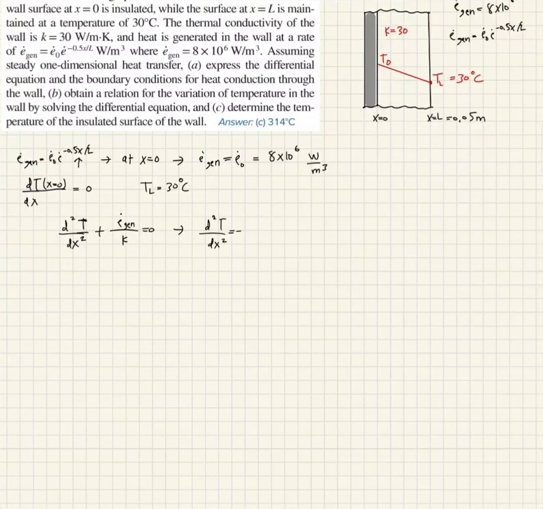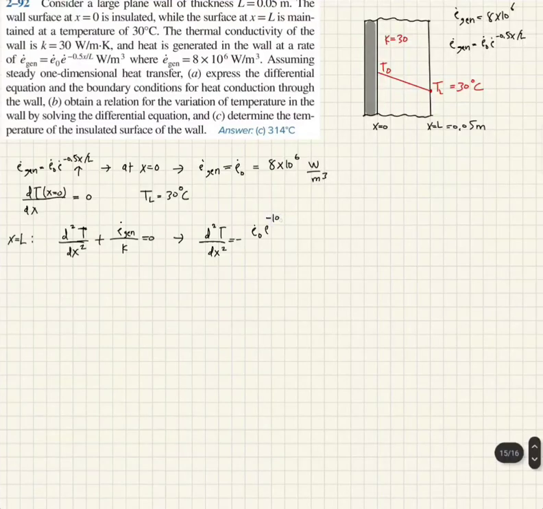So d squared T over dx squared plus E dot 0 e to the negative 0.5 x over L over k equals 0, because we're doing x equals L. So E dot 0 e to the negative 0.5 divided by 0.05 is just 10, so E dot 0 e to the negative 10x over k.